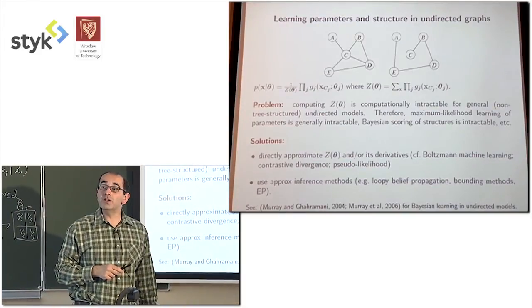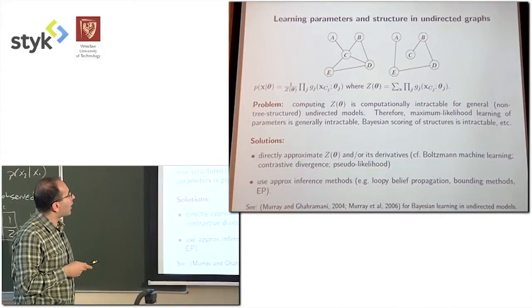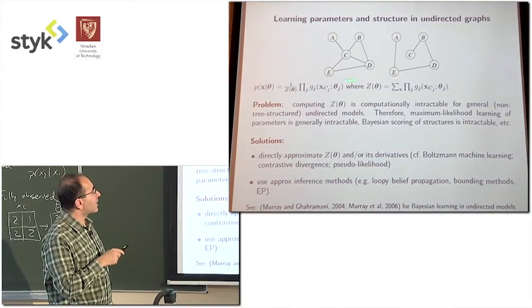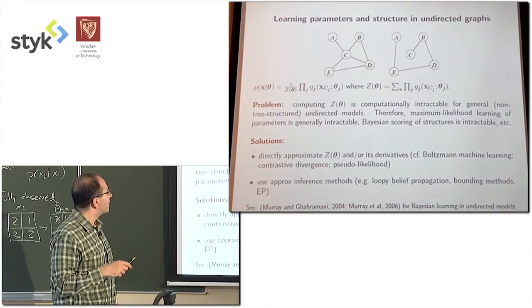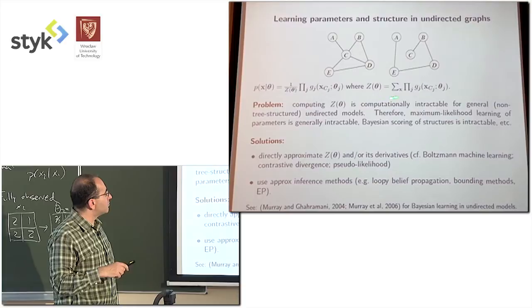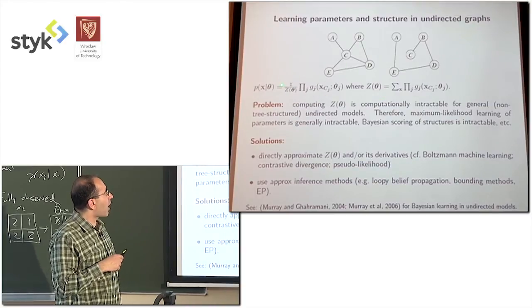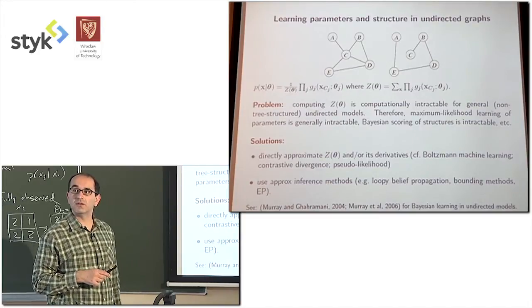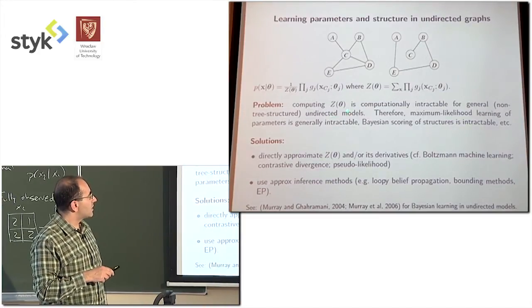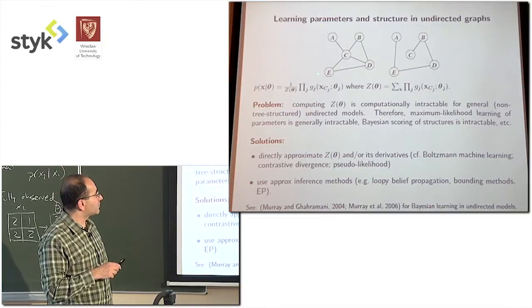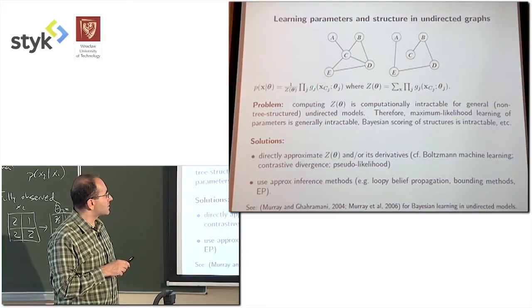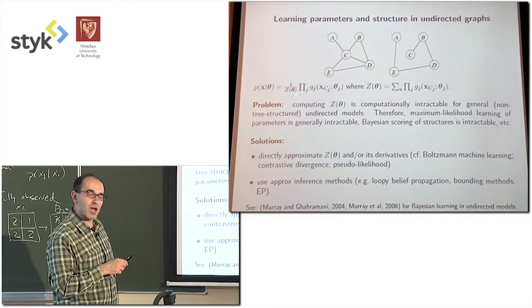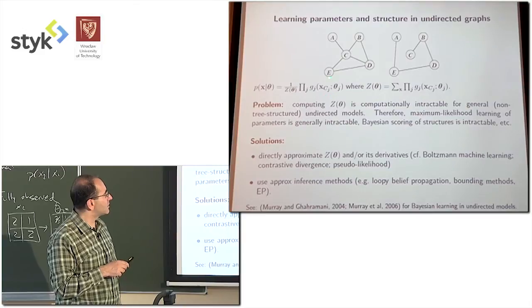Let's talk a little bit about undirected graphical models. So imagine you have an undirected graphical model and you want to learn the structure of the undirected graph from data. Well, the problem here is that the probability of all the variables depends on an intractable normalizing constant. Okay? In an undirected graph, there is a normalizing constant because the probability is obtained by multiplying a bunch of non-negative functions.